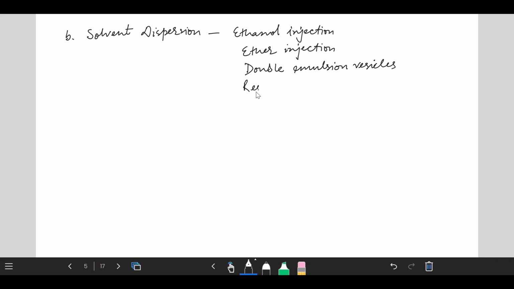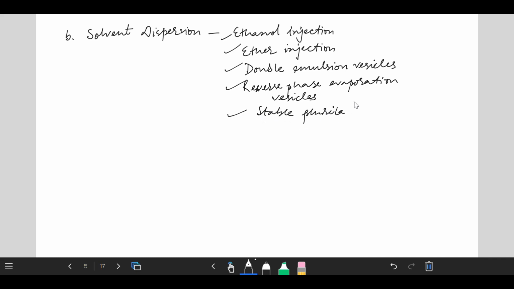Fourth is reverse phase evaporation vesicles. Fifth is stable plurilamellar vesicles. So these are the solvent dispersion methods of passive loading technique.